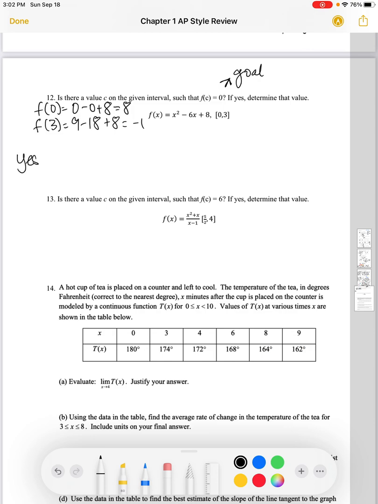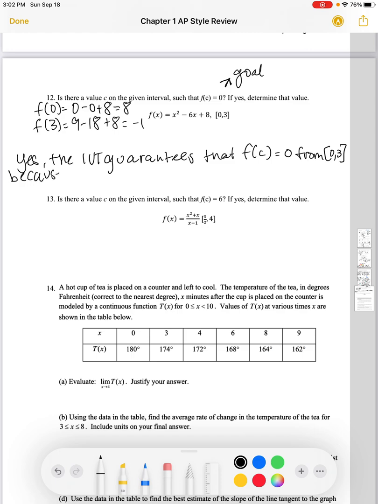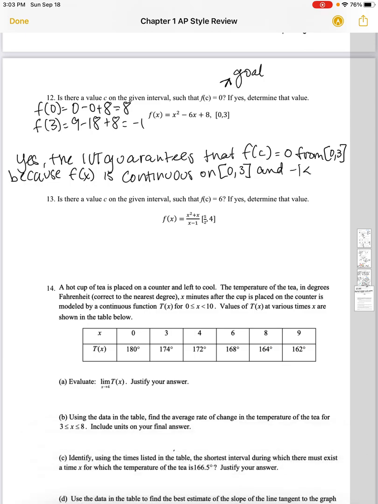So yes, the IVT guarantees that f of c equals 0 from 0 to 3 because f of x is continuous on that interval and -1 is less than or equal to 0, which is less than or equal to 8.